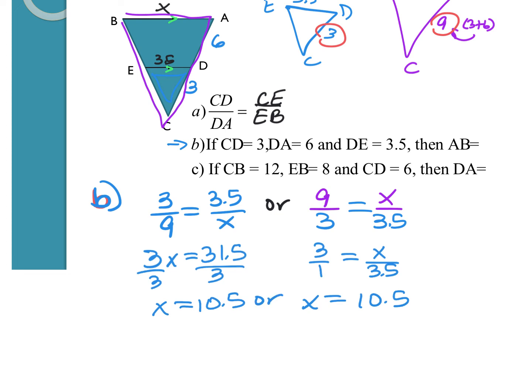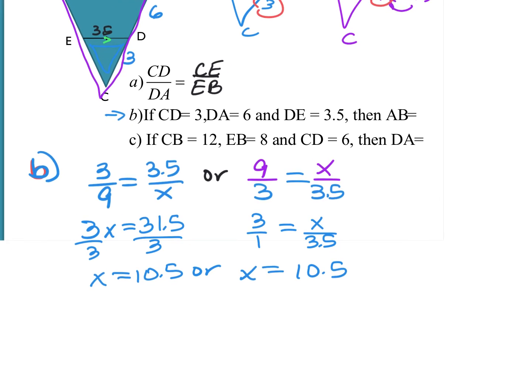So definitely you might want to simplify the ratio before you start to solve the proportion. When you're simplifying here, you can't simplify diagonally. You have to simplify the ratio itself. So this is how I can find the length of AB by using either one of the proportions. So AB is equal to 10.5.